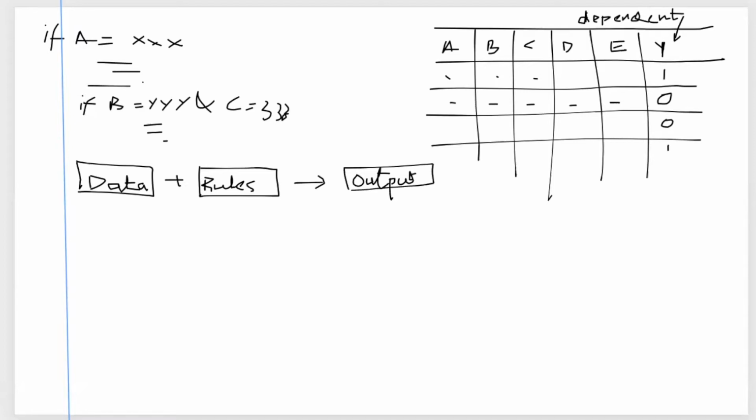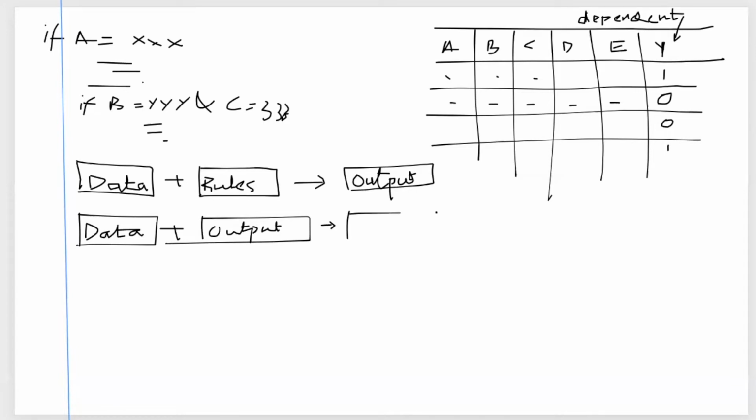Now in machine learning, or in artificial intelligence in general, we do not write the rules. Instead, we take the data and we supply the output. This is the knowledge that we supply to the computer, and based on this data and the output, the computer will formulate the rules.